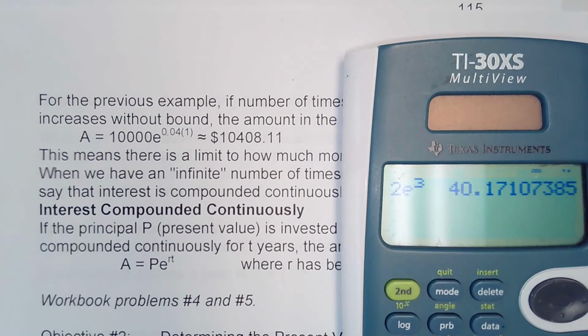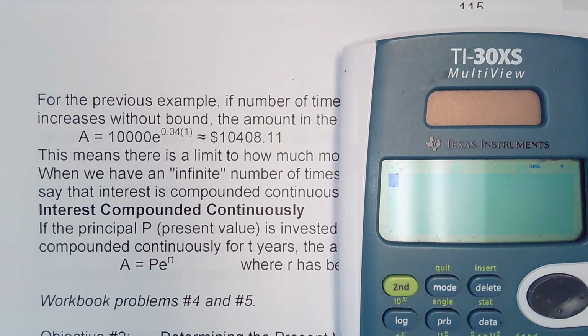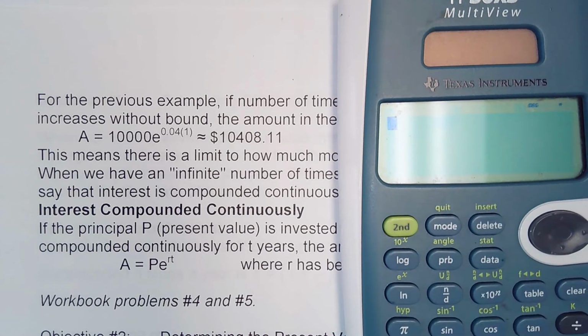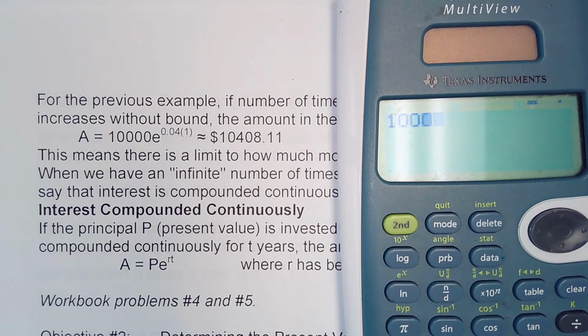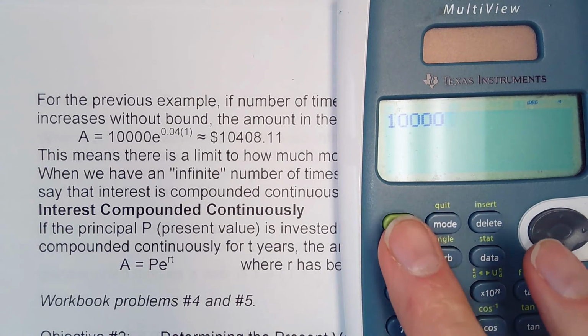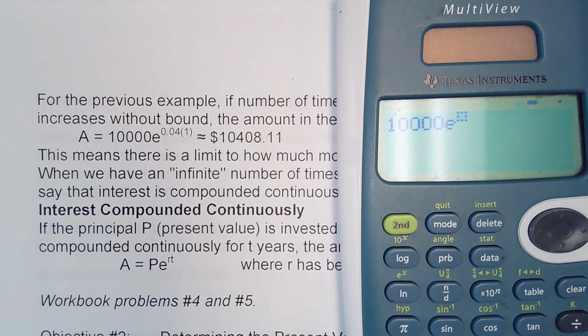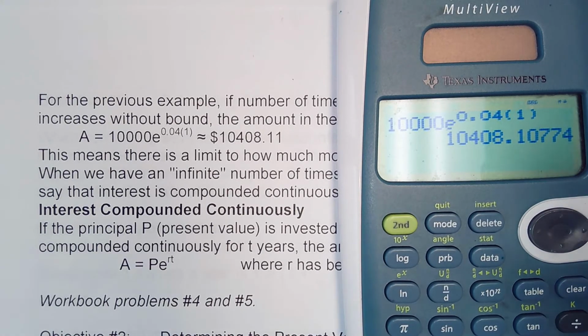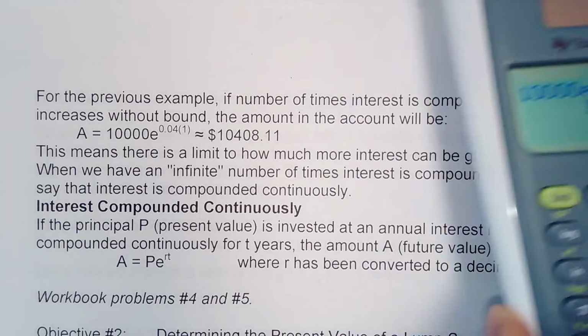So we do have an upper limit of how much interest we can get. And the way we'd enter that in our calculator, here we type in 10,000, second, ln, 0.04 parentheses 1. Hit enter. And then they're rounding off to the nearest cent.